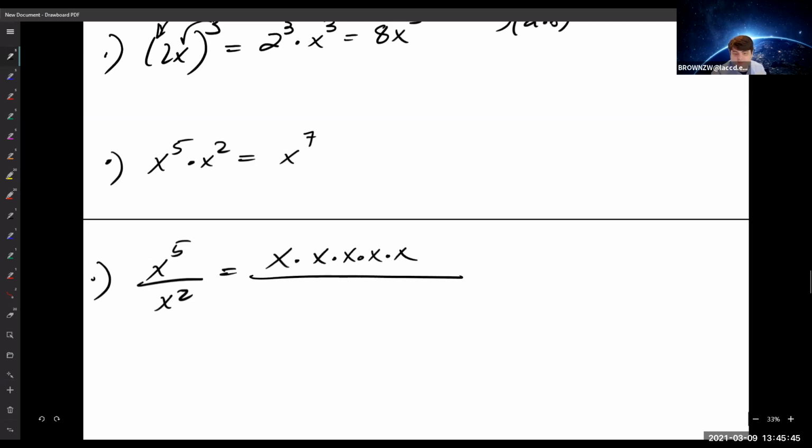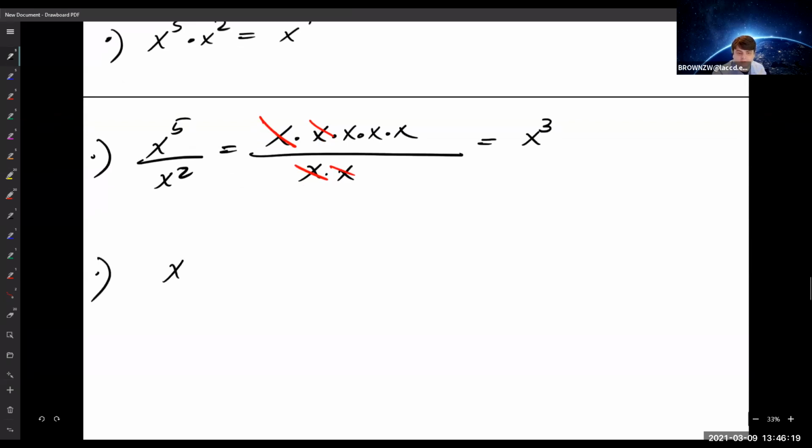There's 5 of them there, and we're dividing that out by x squared, so that's 2 of them. And anytime you have the same thing on the top and bottom of the fraction, you can cancel it out. So what we have now is we're left with 3 x's up top, so that's x cubed. So what we're doing here is when we do division, we end up subtracting the powers.